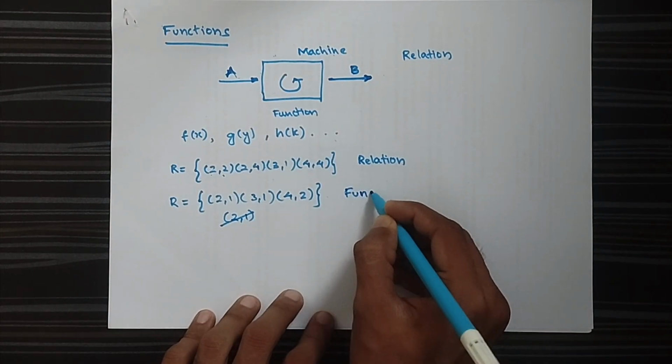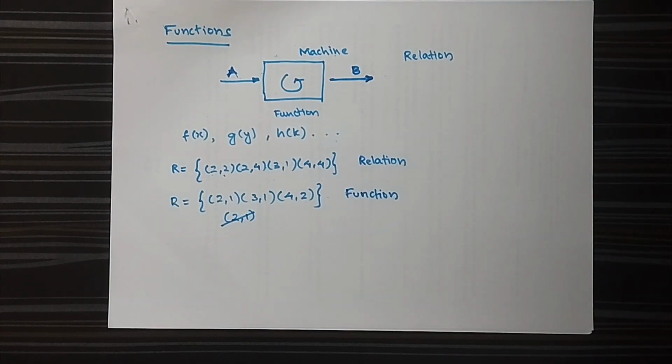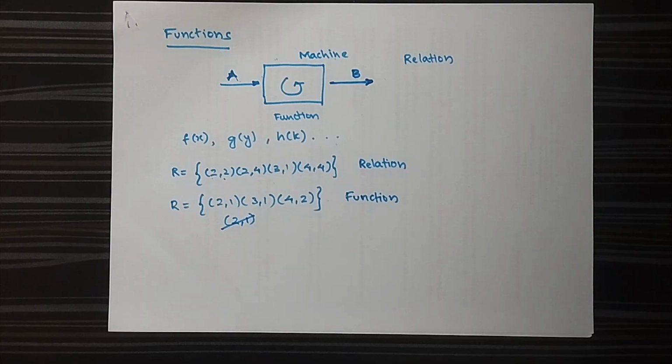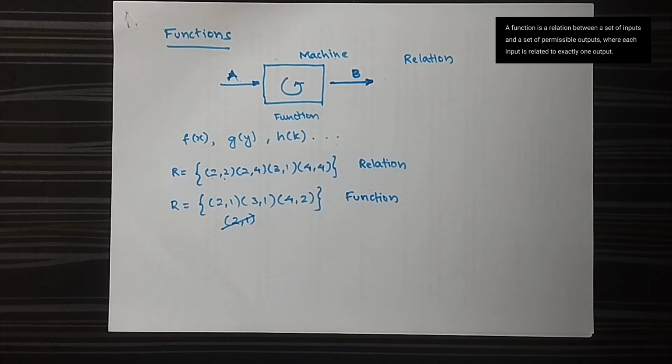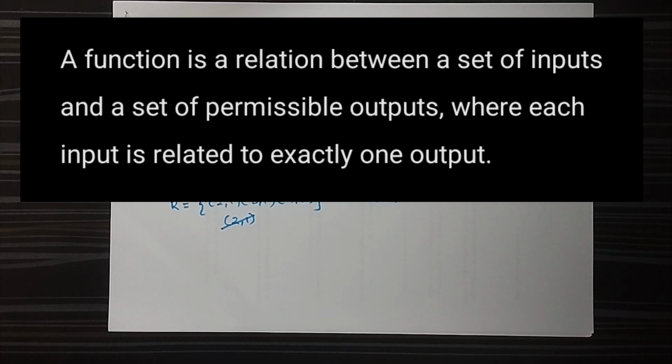So what can we say? Functions are a special type of relation. Alright. And we can underline the statement that all functions are relations, but not all relations are functions. Okay. So the textbook definition of a function is: a function is a relation between a set of inputs and a set of permissible outputs where each input is related to exactly one output.